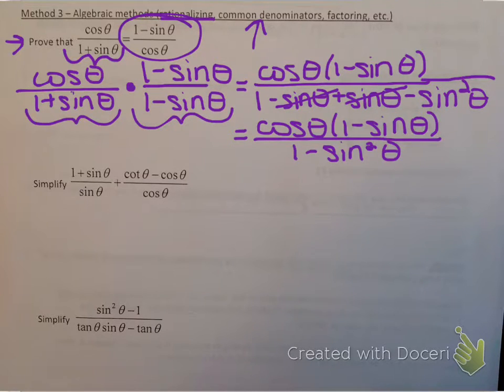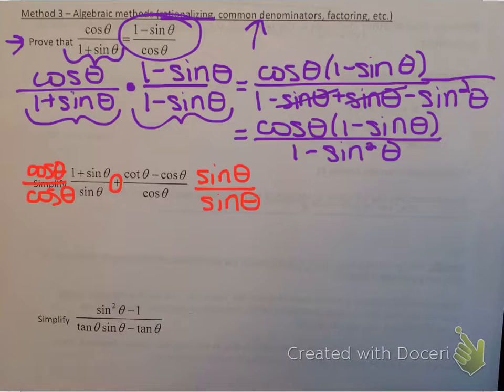So I'm going to give these two things a common denominator. I'm going to multiply the first fraction by cosine over cosine, and I'm going to multiply the second fraction by sine over sine. Since I'm adding these two fractions together, I don't have a choice: I have to distribute when I multiply, or I won't have any like terms that I can combine.